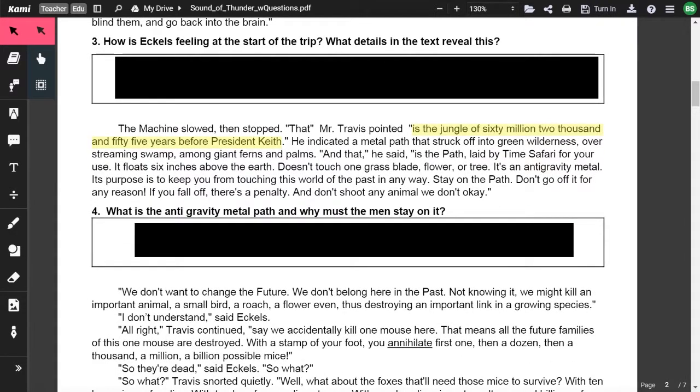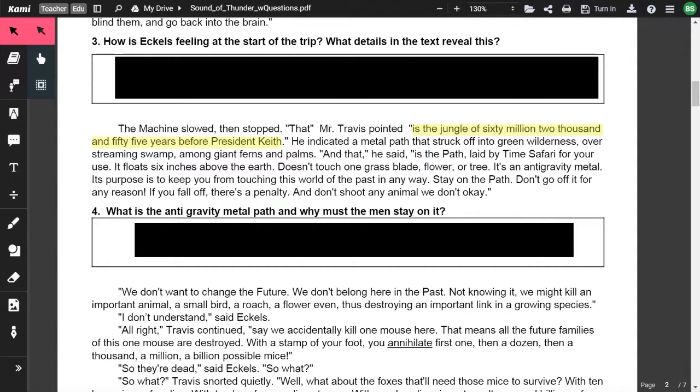The time machine whirled to a stop. That, Mr. Travis pointed, is the jungle of 64,002,055 years before President Keith. He indicated a metal path that struck off into the green wilderness, over the steaming swamps, among giant ferns and palms. And that, he said, is the path laid by Time Safari Incorporated for your use.